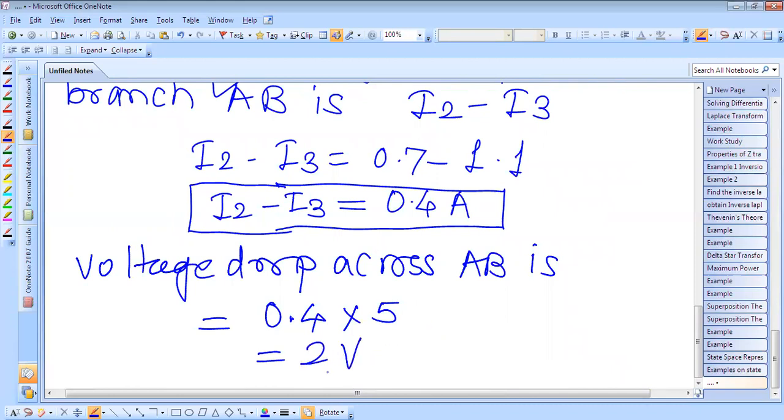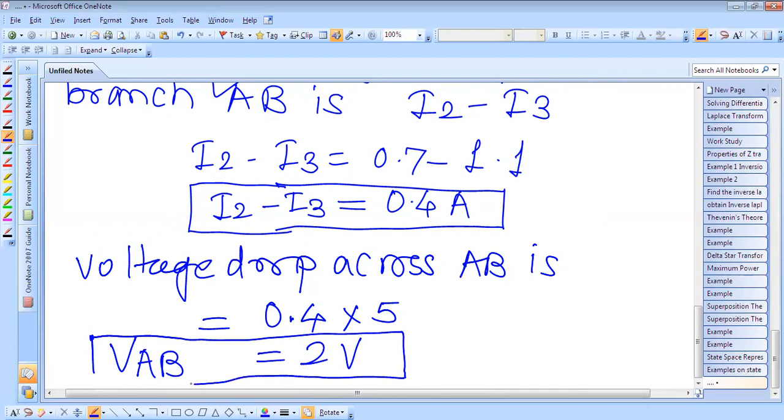So it is 2 volt. The voltage across AB is 2 volt.